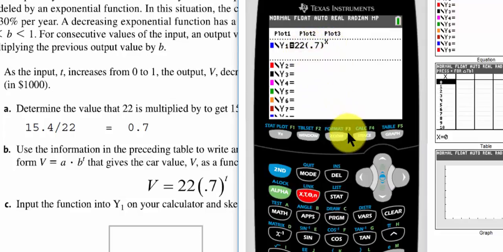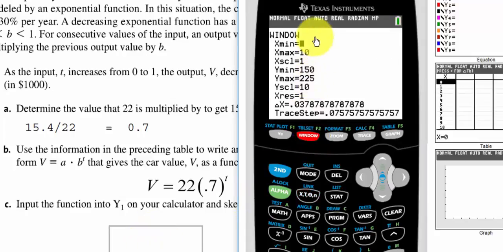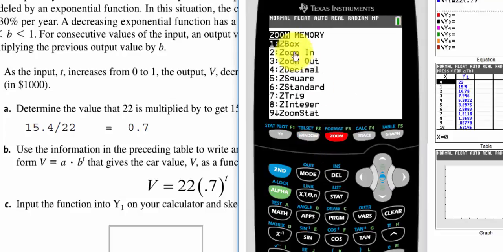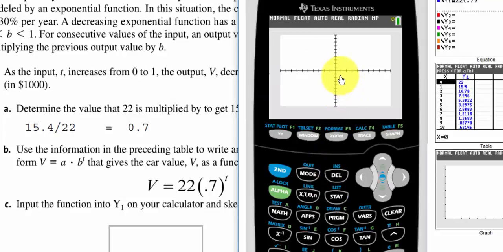And I'm going to graph this on a 10 by 10 window. Right now my window is 150 and 225. I could manually enter -10 and 10, but a quick way to do that would be to press the zoom key, and number 6 for standard will give me a window that has 10 tick marks in every direction, meaning I can count from 0 to 10 to the right, 0 to -10 to the left, 0 to 10 going up, and 0 to -10 going down.